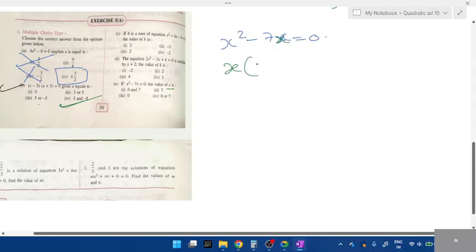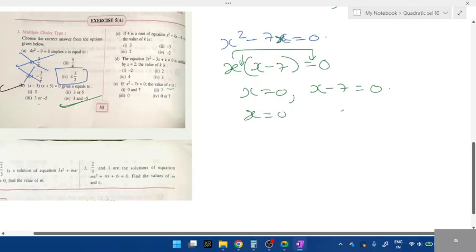In bracket, can you see sum and product rule? What's the sign in between these two? Use zero product rule. Take the first one is equal to 0, comma. What's the second one? Okay. x is 0. If minus 7 goes to the other side, how many values are there?